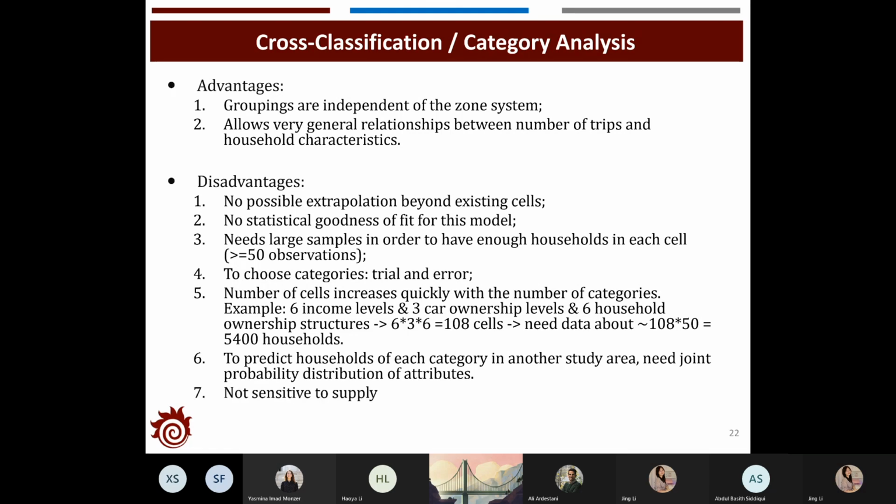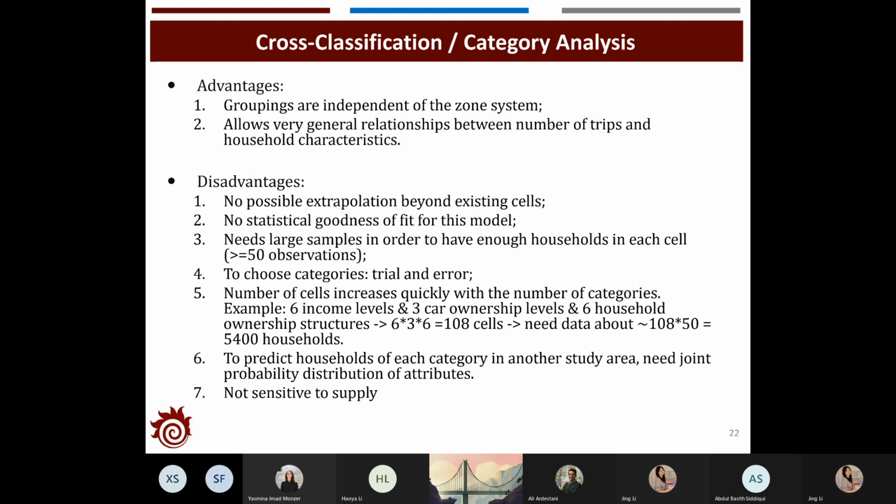Also, if you check this model, it only considers the parameters related to demand, and does not consider anything about the supply, the cost of the trip, and so on. So the model it creates will definitely not be sensitive to the supply, and it will not be a good model if we cannot reflect the impact of the cost of the trip. So that would be the disadvantages of the CCA model.